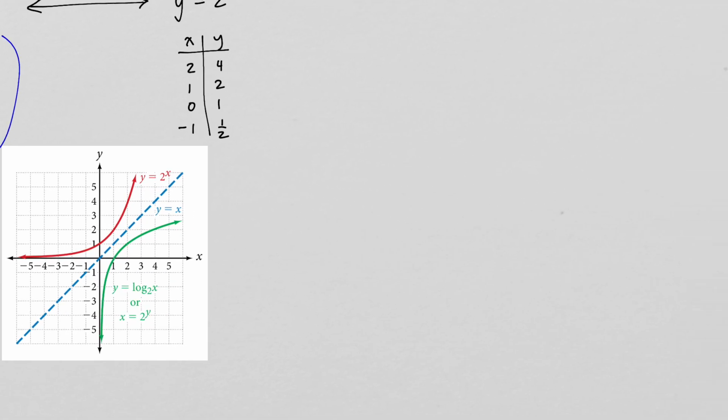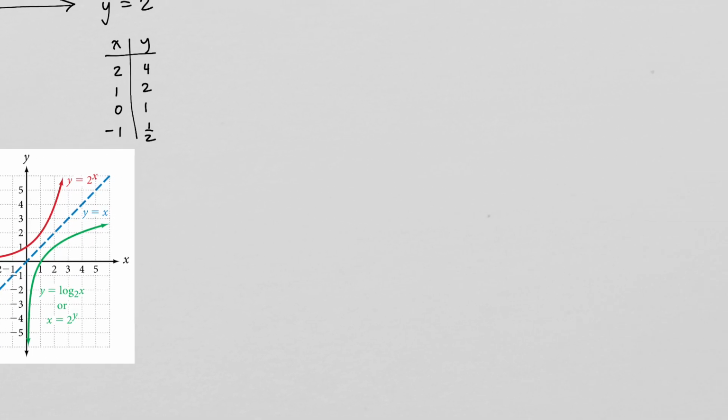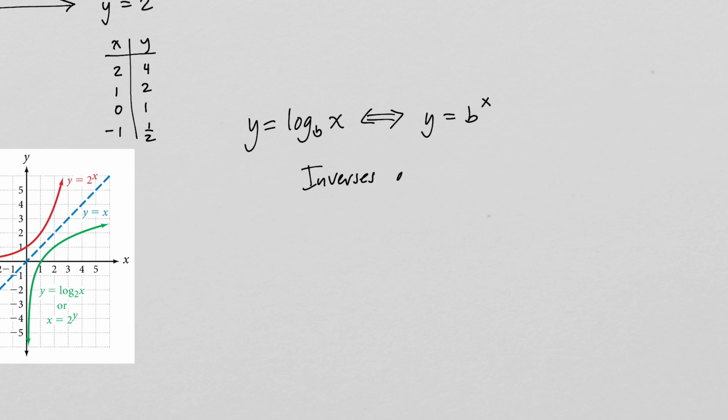And in fact, more generally, we can say that y equals log base b of x and y equals b to the power of x. These two functions are inverses of each other. Okay, now they do, of course, have to have the same base to be inverses of each other. But in general, this is true.